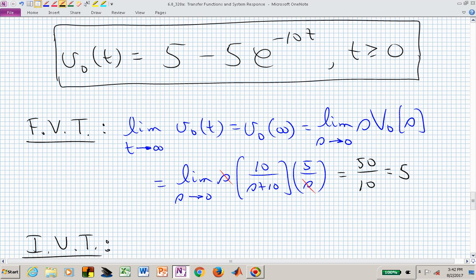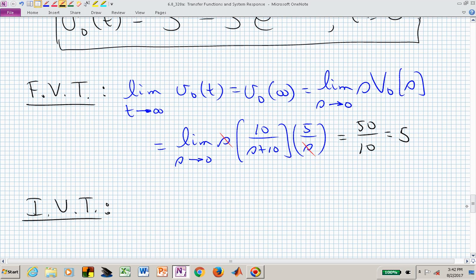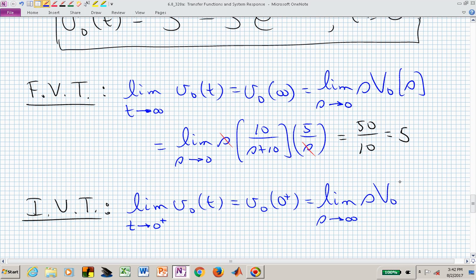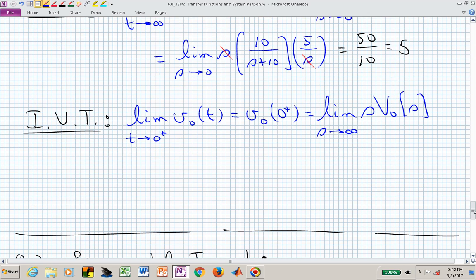What about the initial value theorem? Here it's not as challenging to apply this because now all we have to do is see if the limit exists. So now as t goes to 0 plus of v sub 0 of t, that's now v sub 0 of 0 plus, which is the limit as s goes to infinity of s v sub 0 of s.